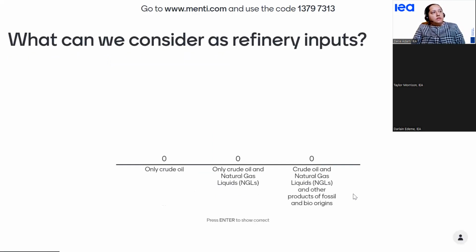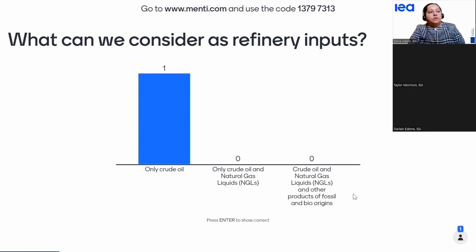What can we consider as refinery inputs? So refinery inputs, it's what you put in a refinery to transform into oil products. So do you input only crude oil, or second choice, crude oil and natural gas liquids, or can you input crude oil, natural gas liquids, and also other products of fossil and bio origins?